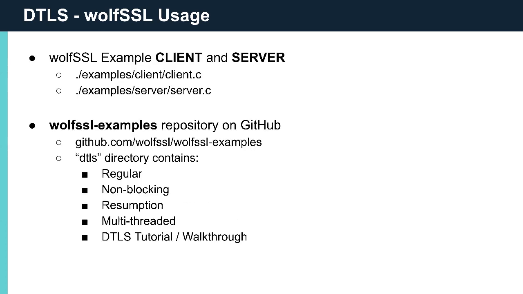We have our example client and server that we've been looking at. Those also support DTLS. We also have the wolfSSL examples repository, which is on our wolfSSL GitHub organization. In there, we have a DTLS directory, which contains examples for regular DTLS, non-blocking DTLS, resumption, multi-threaded, and also a tutorial and walkthrough that goes into more detail around DTLS.